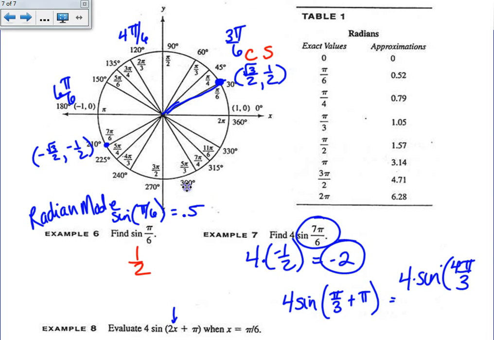If you refer to your unit circle, here it is, and it's a relative of the 60-degree angle. So if I think about what quadrant it's in, it'd be negative 1/2, negative square root of 3 over 2. And 4 times the sine of that would be 4 times negative square root of 3 over 2. And when you reduce that, you get negative 2 square roots of 3.